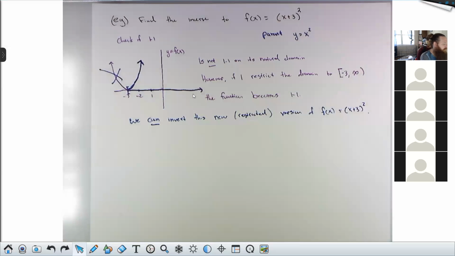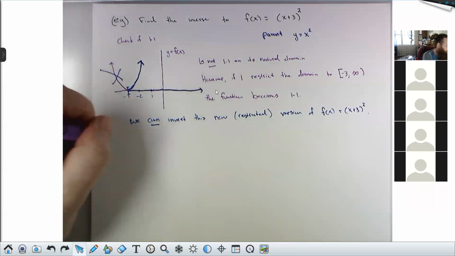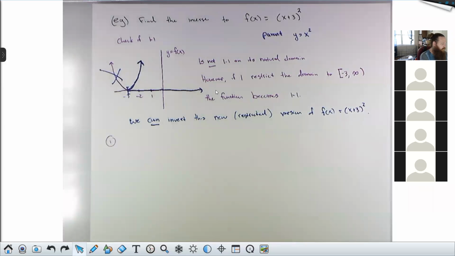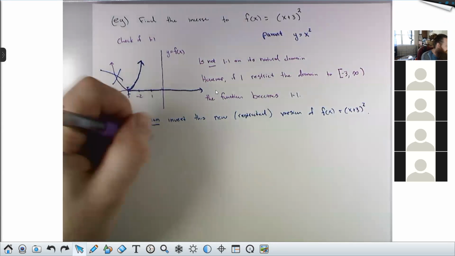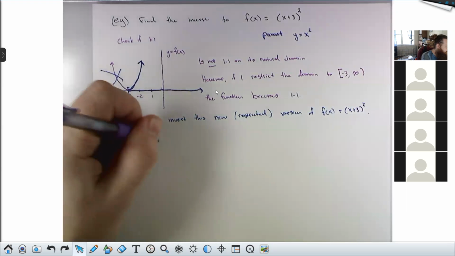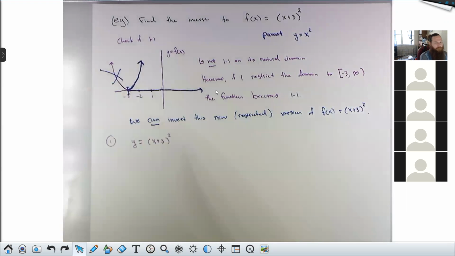We can invert it. We just have to remember that the only x values which are allowed are those which are bigger than or equal to -3. Let's run through that procedure, and I'll show you where that step 3 becomes so important. So first, none of the other steps change. First, we write y in place of f of x. So y equals x plus 3 squared.